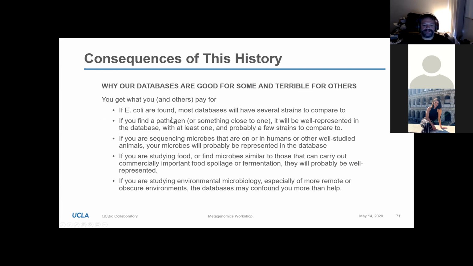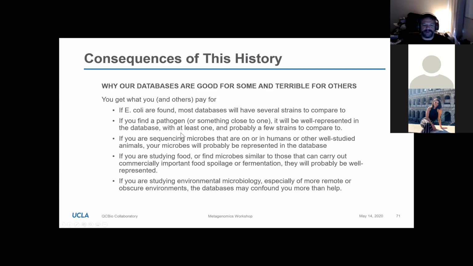If you find a pathogen or something that's very similar to a pathogen, it's going to be well represented in the database because, not surprisingly, one of the best funded microbiology endeavors, and in fact, some of the only funded microbiology endeavors early on, were looking at microbial pathogenesis and trying to figure out which bacteria are causing diseases.